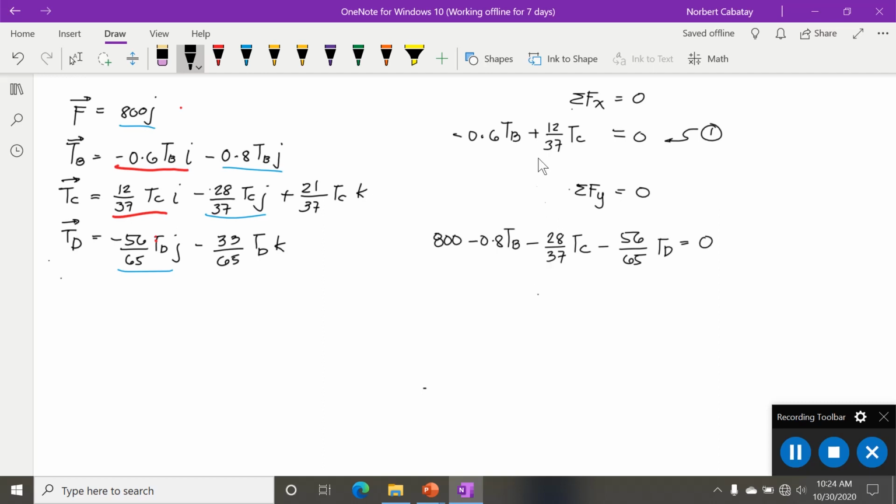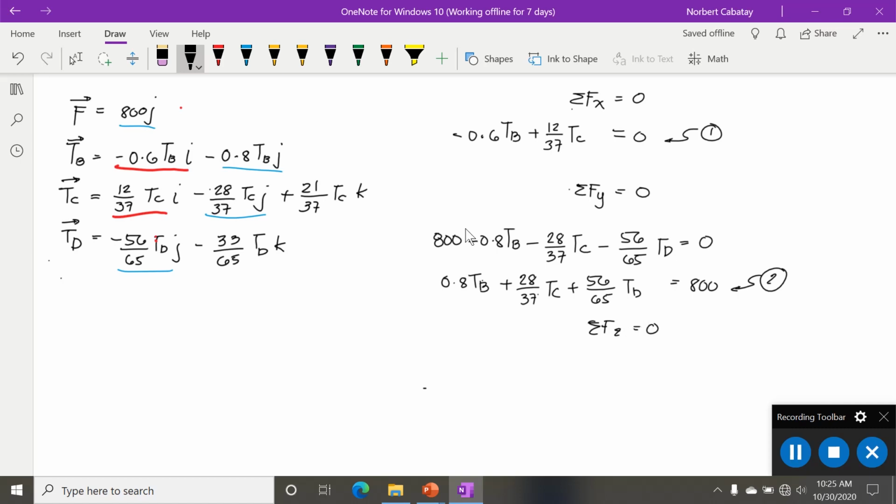I-arrange lang natin sila alphabetically. Can I write this as 0.8 T sub B plus 28 over 37 T sub C plus 56 over 65 T sub D is equal to 800. So this will be our equation number 2. And last equation will be coming from summation of F of z is equal to 0.